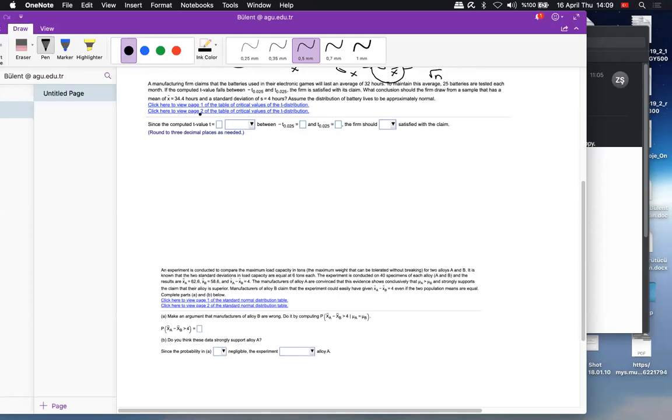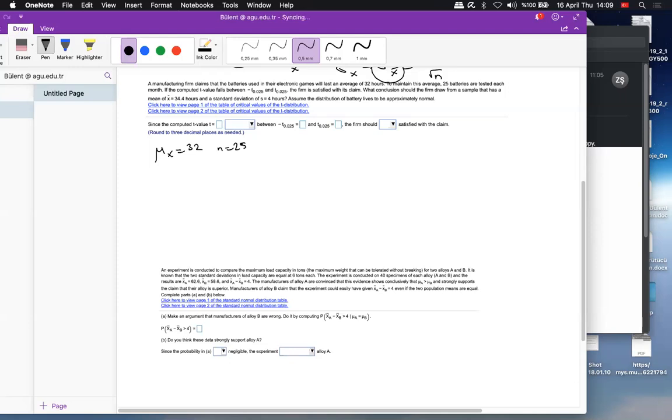Now, batteries used in electronic games will last an average of 32 hours. Let me write mu x is equal to 32 hours. To maintain this average, 25 batteries are tested each month.